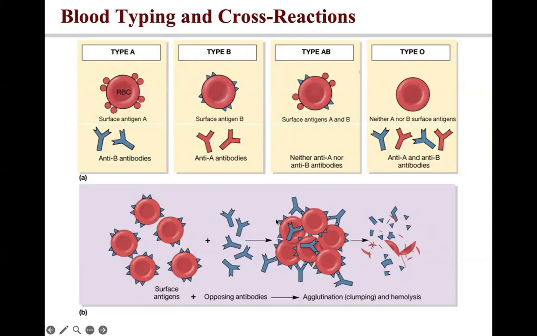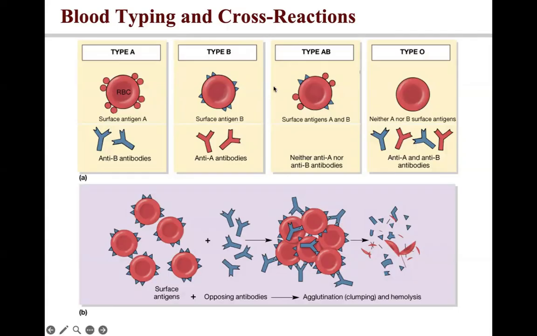So, never in the blood will a red blood cell with antigen A have antibodies for A. It will have antibodies for B, but will not have antibodies for A. Why? Again, if it does have antibodies for A, it will cause clumping and destruction of the cell.